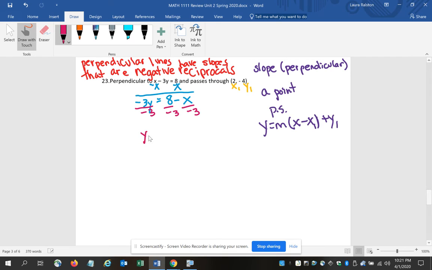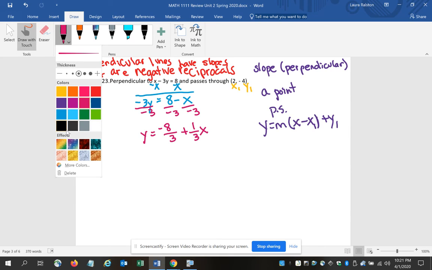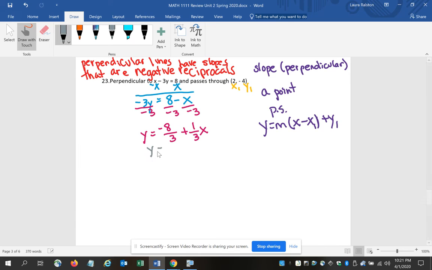So I have y equals -8/3 minus, and a minus is going to be a plus 1/3 x. Now, I have that written sort of backwards, but hopefully you can connect to it. This is like having y equals b plus mx. The slope is the value in front of the variable x, so it's positive 1/3.